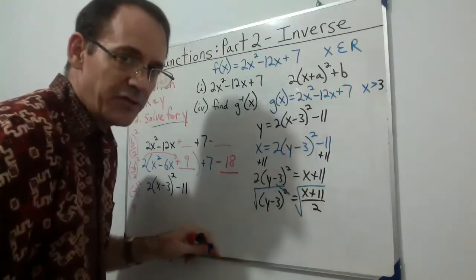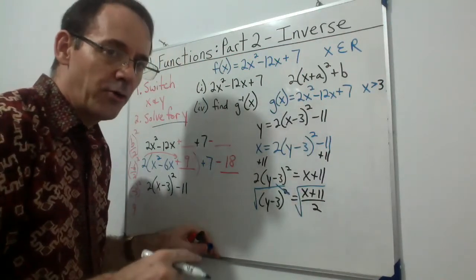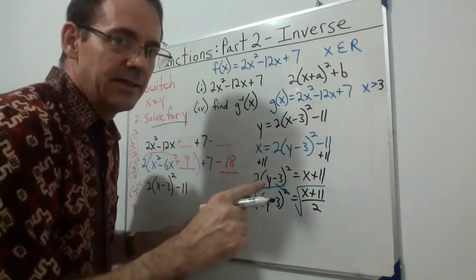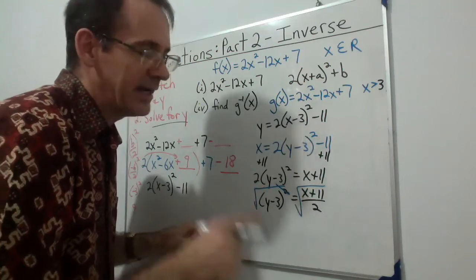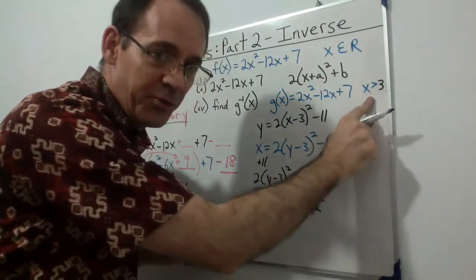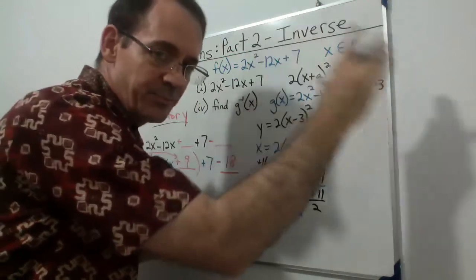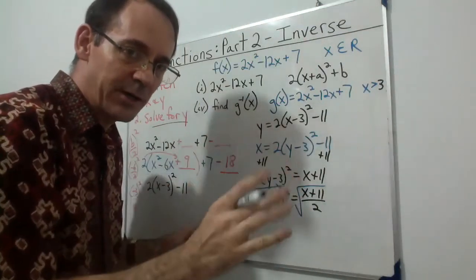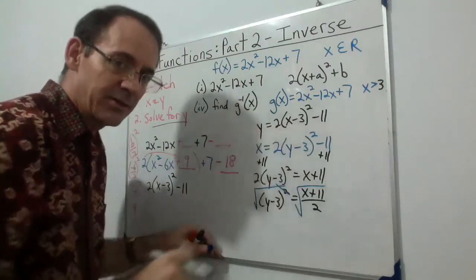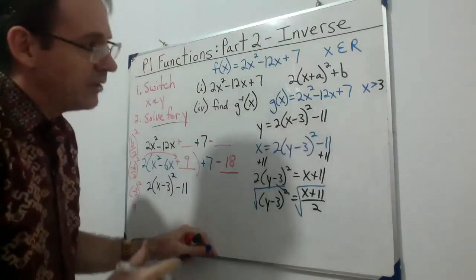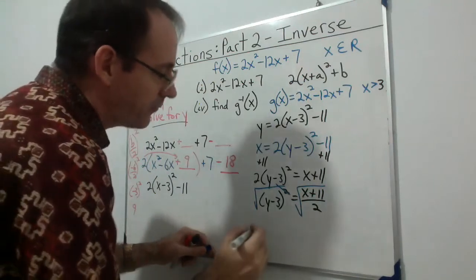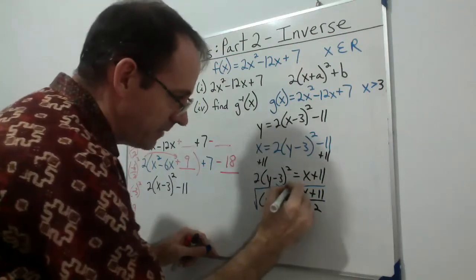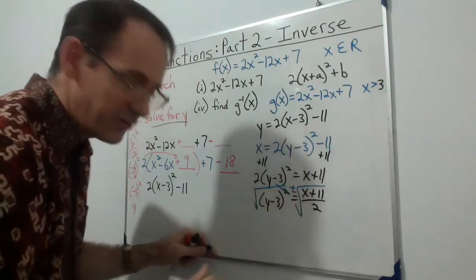Don't forget the plus or minus, although you're not going to put both plus and minus. And it has to do again with the domain, which I will explain again in a video. That's why I need a whole video just to talk about domain and range, because there's a lot of little details about it. So basically what you're looking for here as to whether to put the, let's finish this first. So we'll put plus and minus for now.